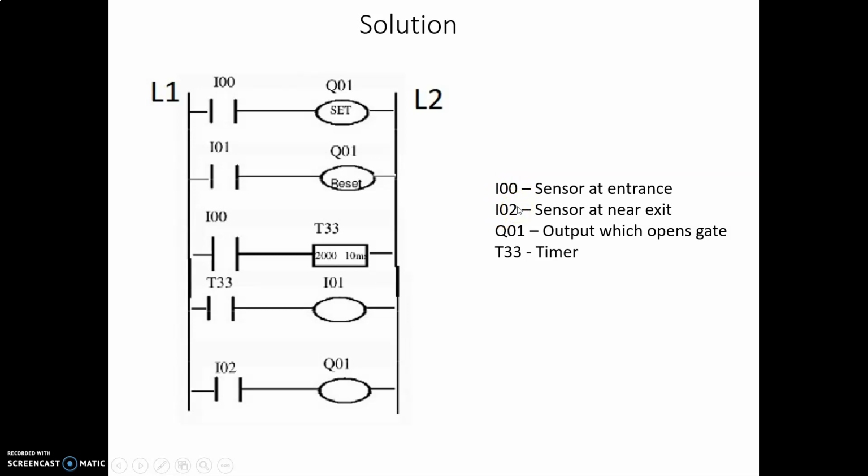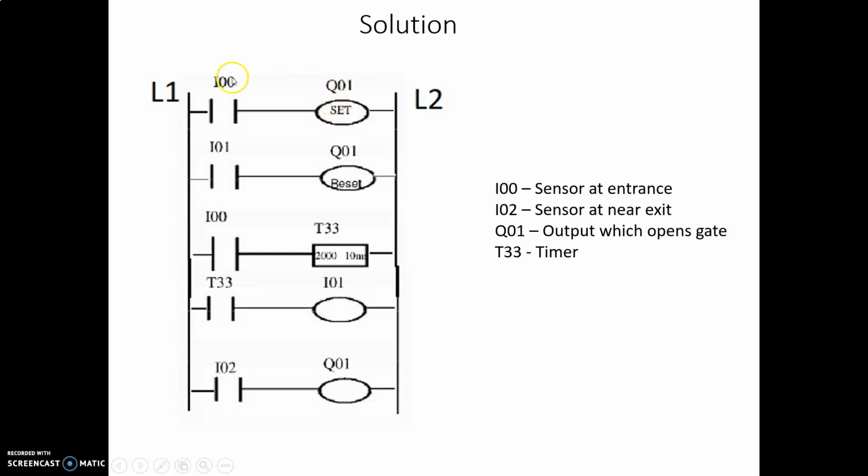Now you will see that I have used a different kind of denotation here: I00 and Q00 or Q01. What does this mean? This denotation is used in many cases. Even in online software where we can do the programming, they use the I and Q symbols, where I stands for input and Q stands for output.